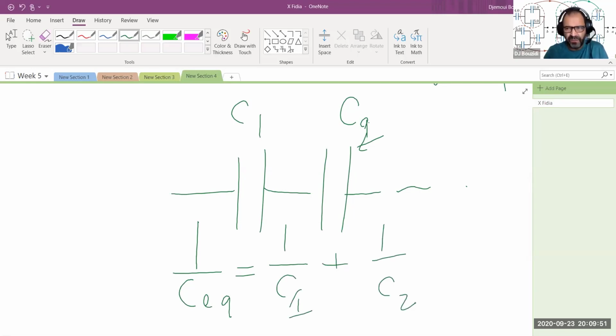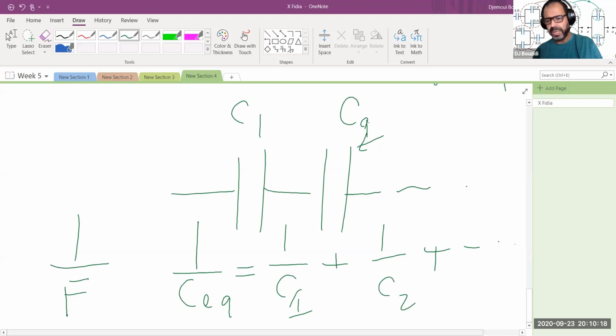First of all, you sum the inverses, and don't forget, once you get the answer, to invert back. All of the units in here are 1 over farads. So in order to get the actual capacitance that is equivalent to the entire thing, you have to invert one more time. You sum the inverses and invert back.